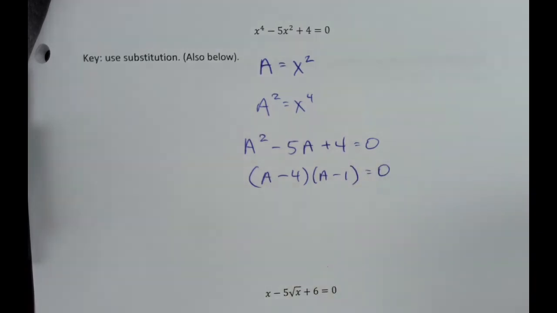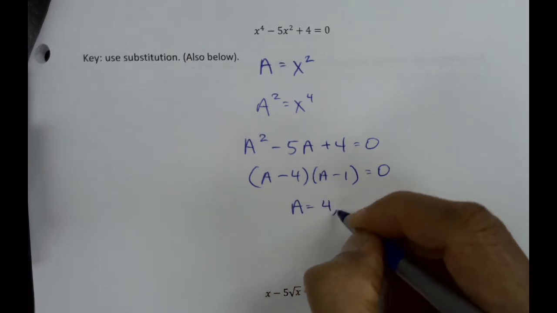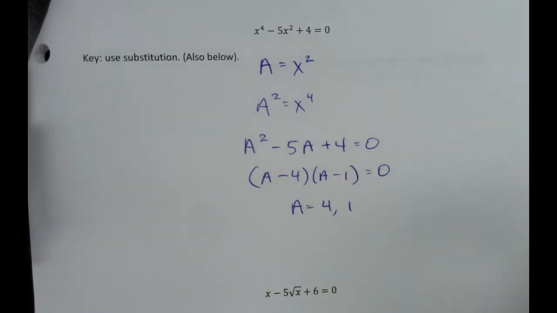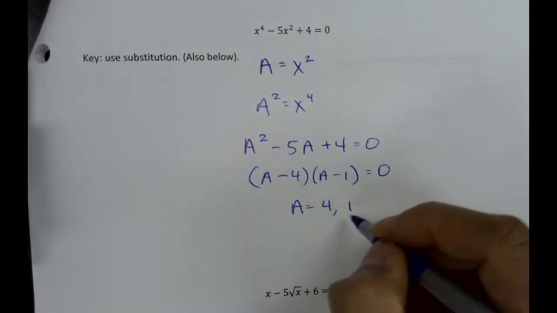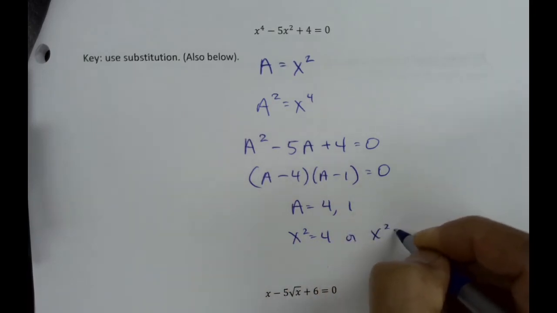Should look familiar. Okay, now we have solutions for a. a has got to be 4 or 1. But now remember, this means that x squared is 4 or 1.